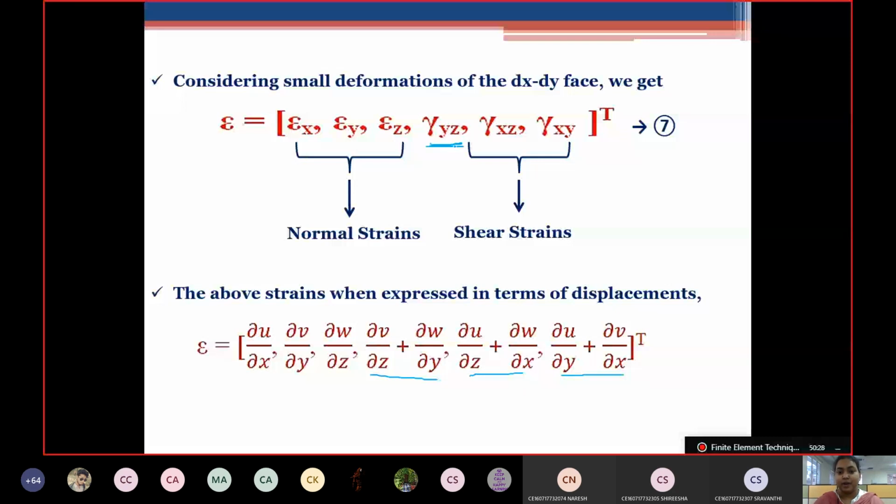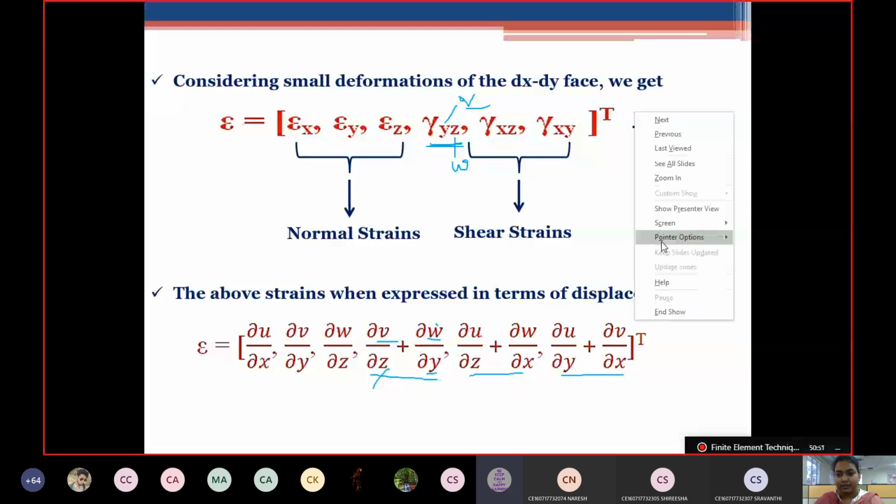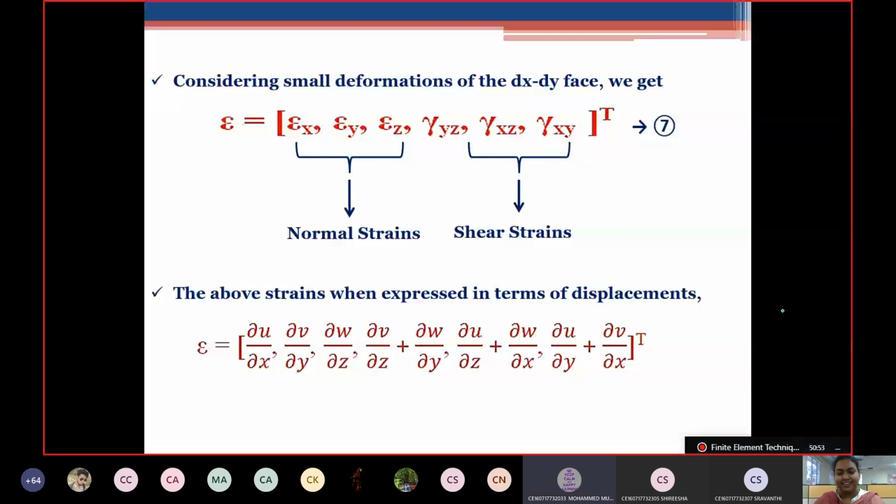When it is gamma YZ, in Y direction we have V, in Z direction we have W. So the differentiation of V would be with respect to Z, the opposite direction, and the differentiation of W would be with respect to Y. In that way we are going to write this. I hope you are clear with this. Clear, ma'am. Now clear? Very great. You can't ask before.